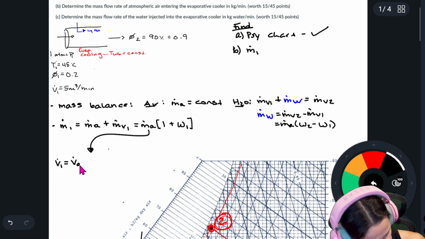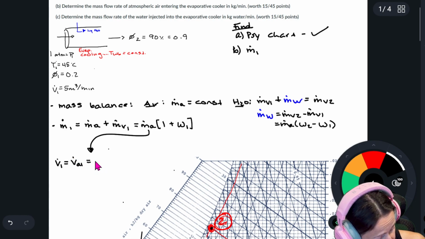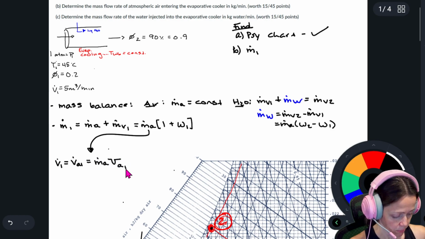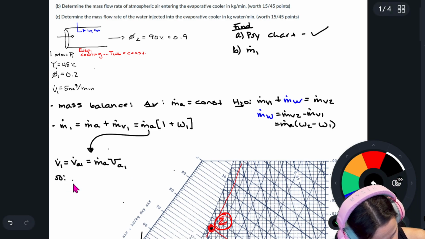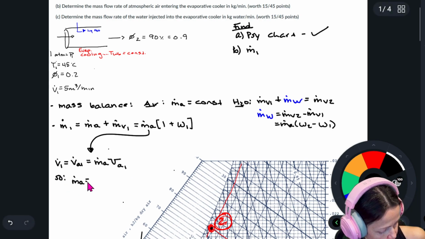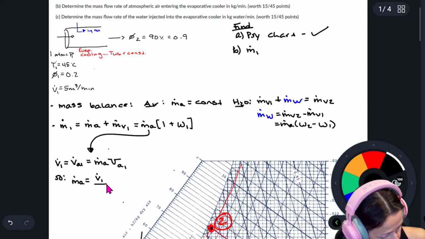So this would be the same as V dot A1, which would be the same thing as M dot A times the specific volume at state 1. All right. And so I can get my M dot A. This one's going to be V dot 1 over that specific volume at state 1.